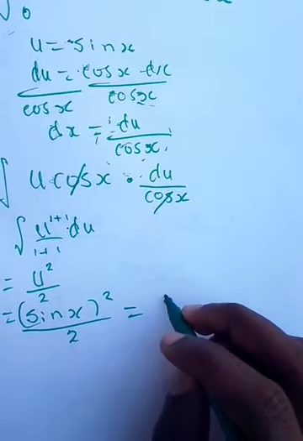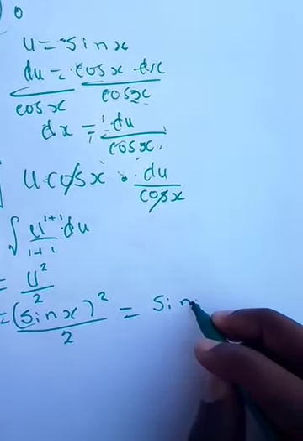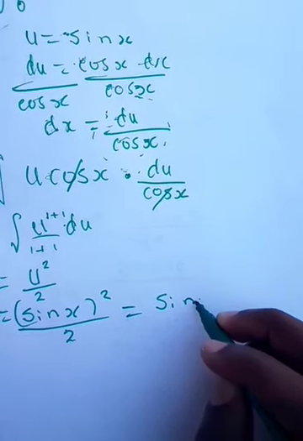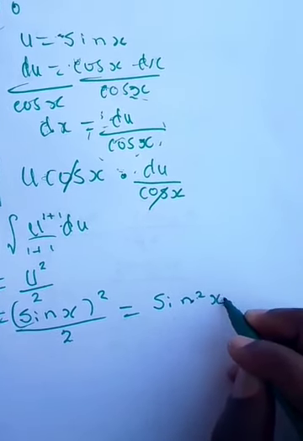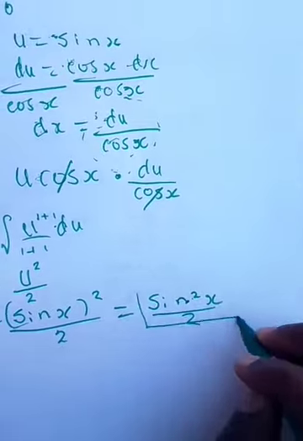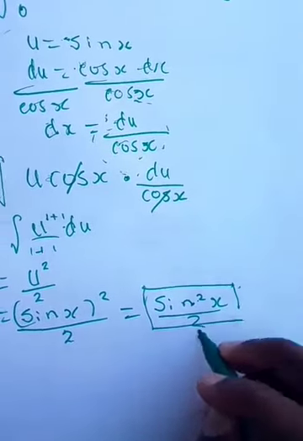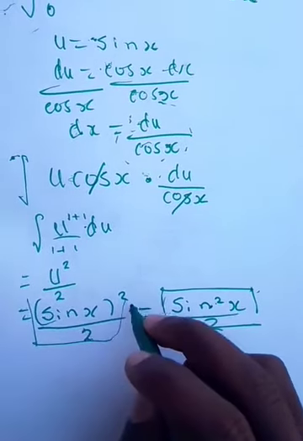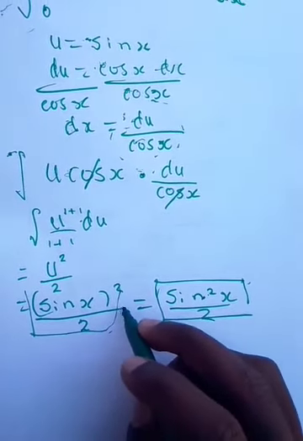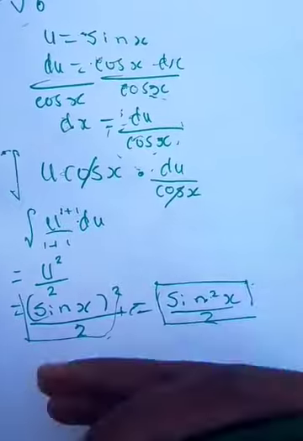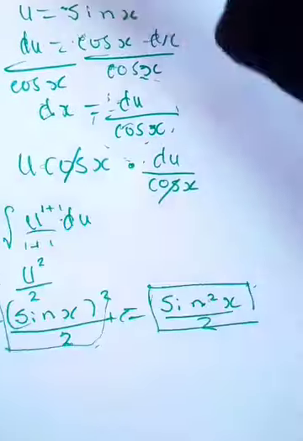This one I can also write as sine squared x over 2. Now, for some reasons, I'll just go with this one. If you want, you can even say plus c, but this is not your final answer. You've just found the integral.